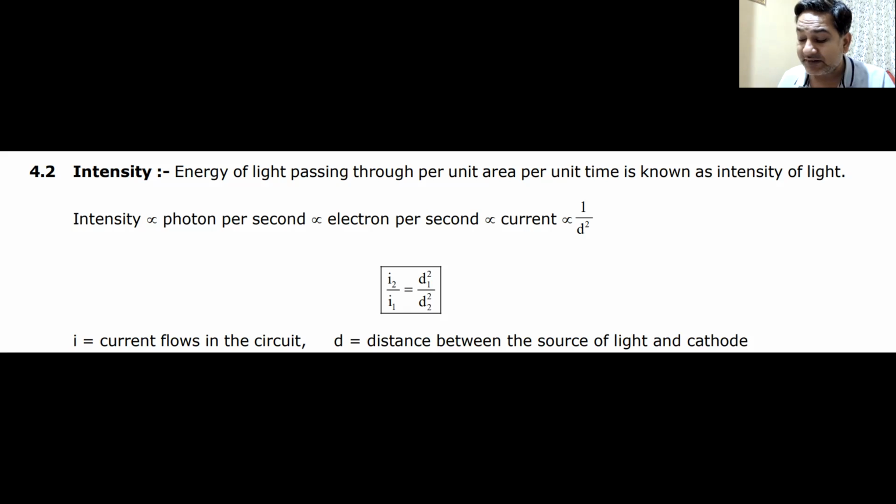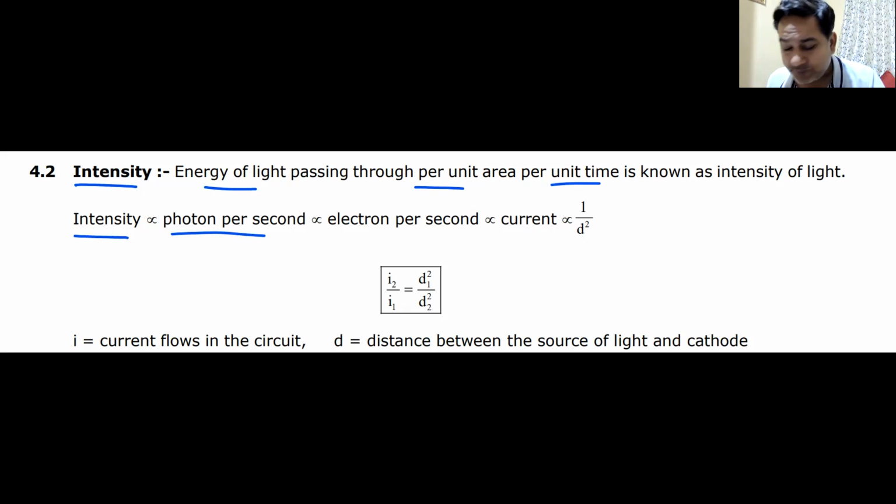So we remember this relation always, and we might see in your sheet, there is a question that has come on this particular topic where you have this simple relation. Energy of light passing through per unit area per unit time is known as intensity. Intensity is directly proportional to photons, how many photons are falling, or how many photons are falling per second.